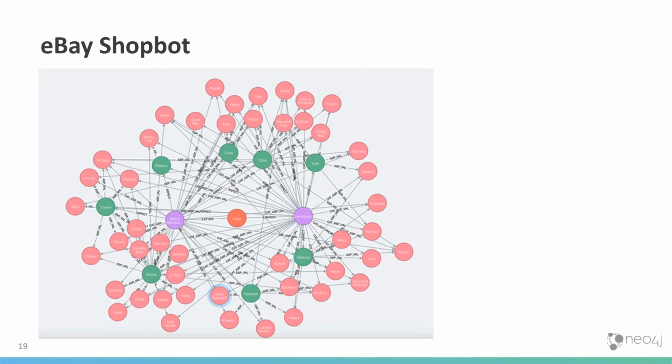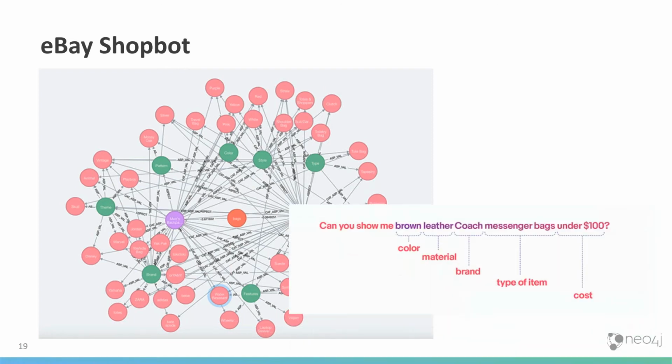So it starts to gain that kind of context based on the decisions provided by the customer. Like in this case, can you show me a brown leather Coach messenger bag for under $100? So each one of those might be a prompt that Shopbot is actually making to the shopper while interacting with them, and then ensuring that they do indeed have products that fit those particular parameters to offer that individual as they start engaging in the buying process.